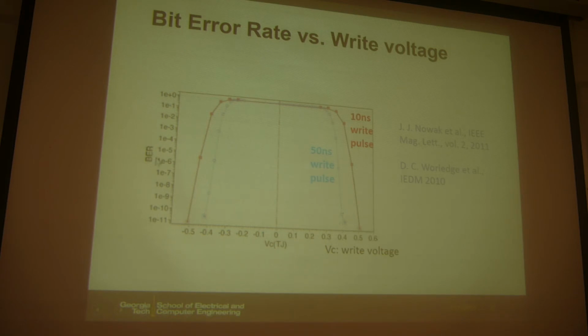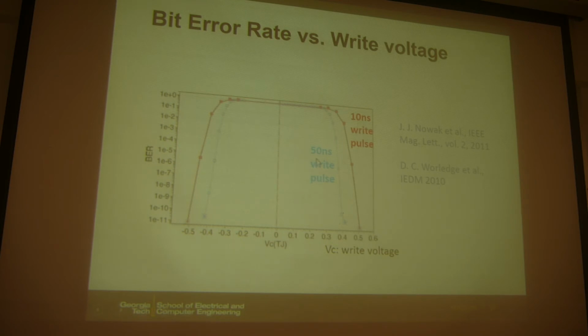It depends on the write voltage. If your voltage is small, that means current is small, then the probability to fail is so high. It definitely will not switch here. And then when you increase the voltage or current, the probability will decrease.